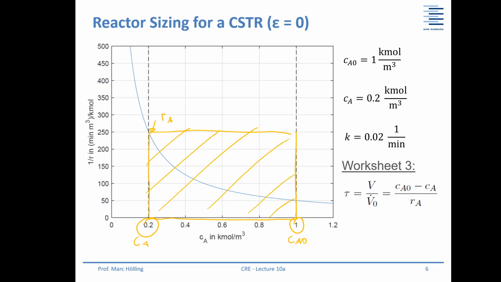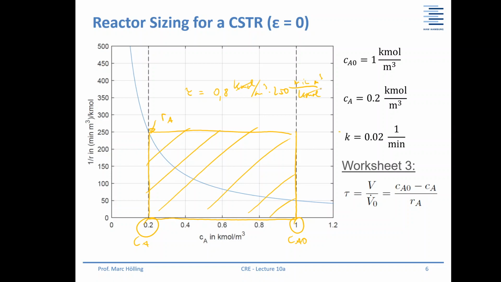If you want to calculate it, hopefully this works out. This is just the change in concentration, 0.8 kilomoles per cubic meter, and then 1 over r, times 250, minutes cubic meters per kilomole.